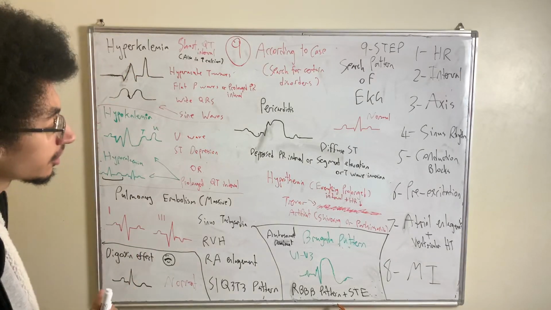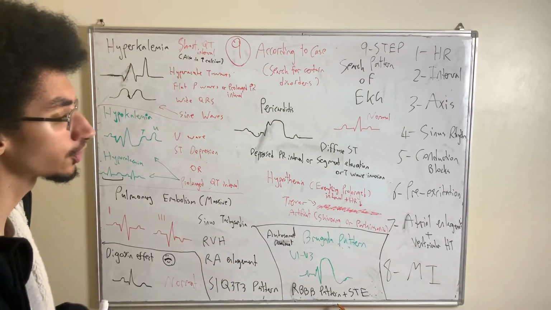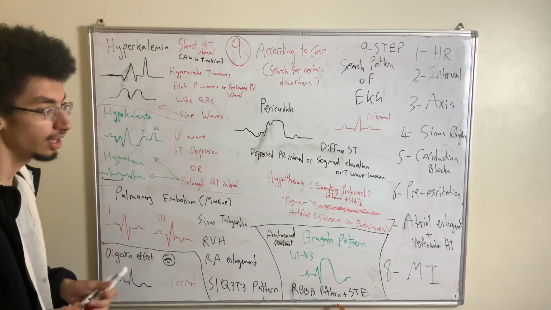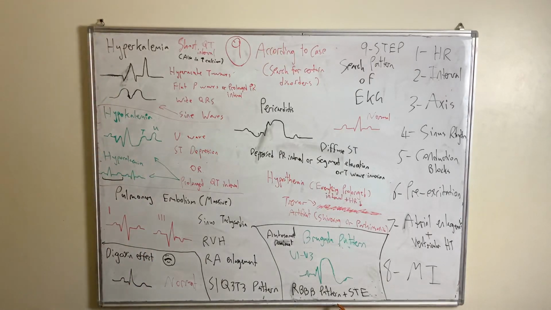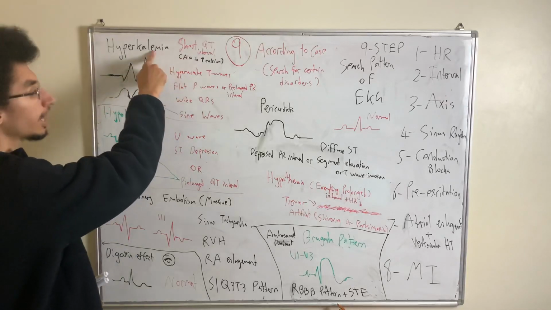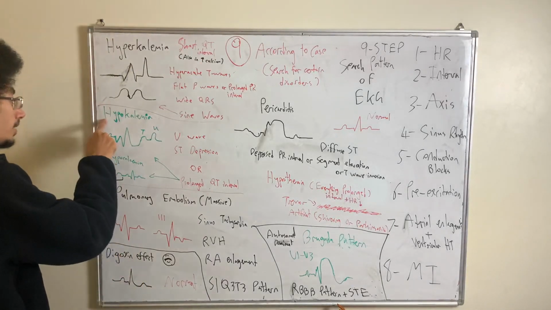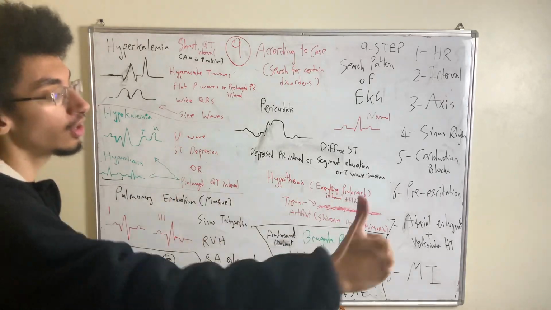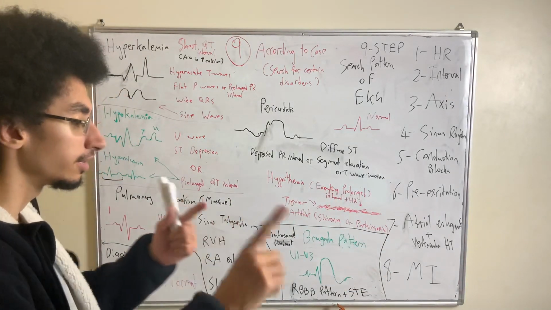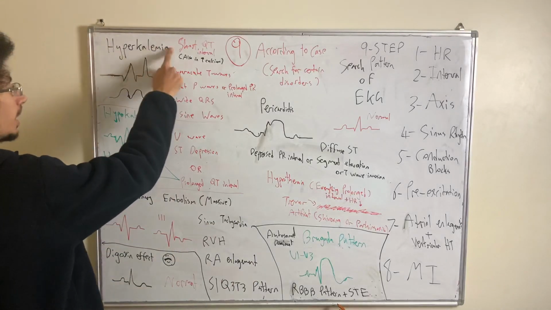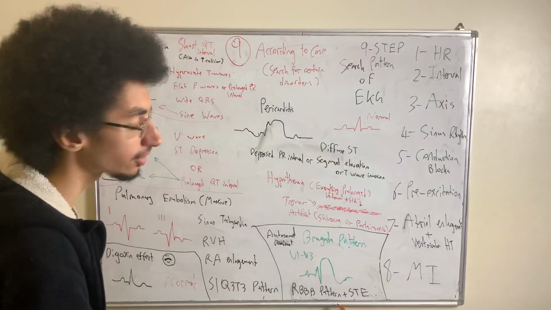Let's look at another electrolyte disturbance. Hypokalemia and hypocalcemia. Now, remember how we said hyper and hyper? They cause short QT interval. Well, hypo and hypo cause prolonged QT interval. They're the opposite. So, hyper and hyper, short QT interval.